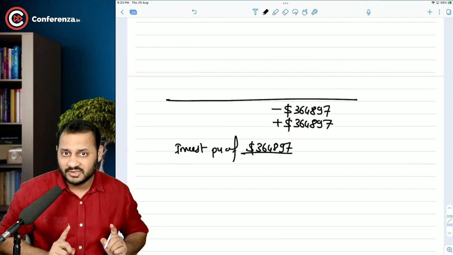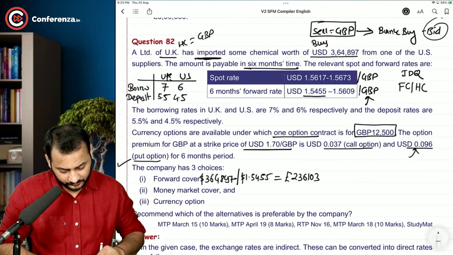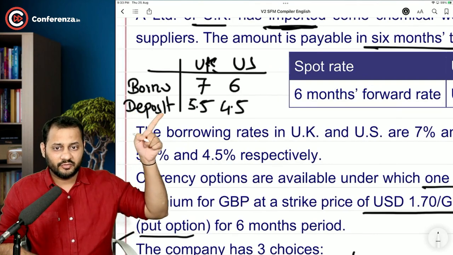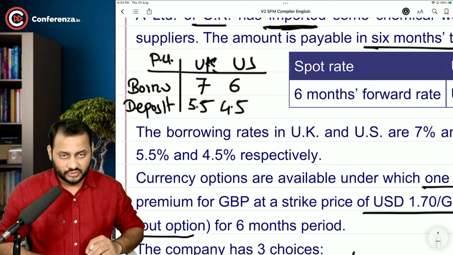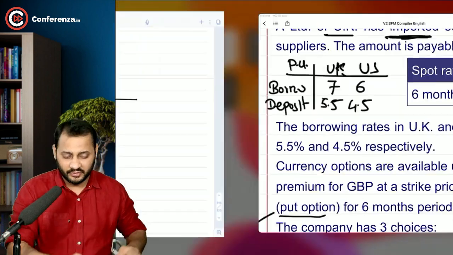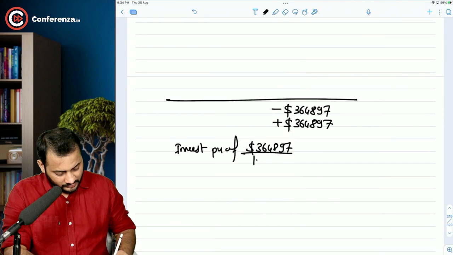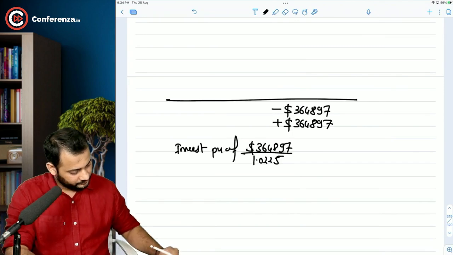So we want to invest dollar. Dollar deposit rate is applicable for 6 months. Deposit rate of dollar is 4.5 per annum. All these rates are per annum. So for 6 months, it will be 2.25, 1.0225.